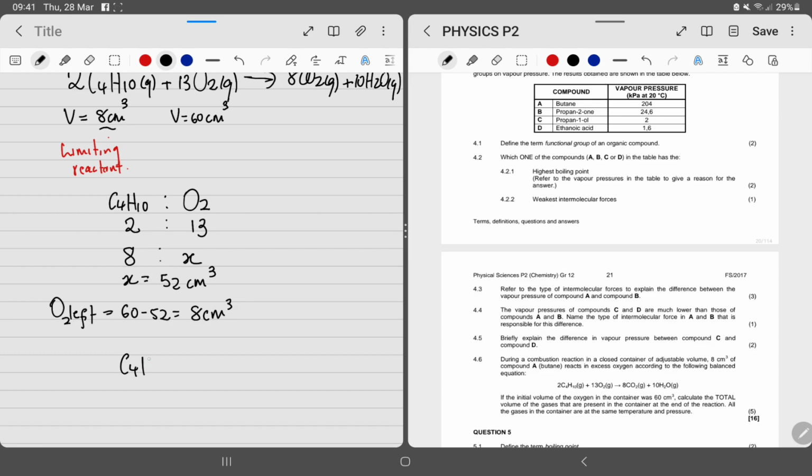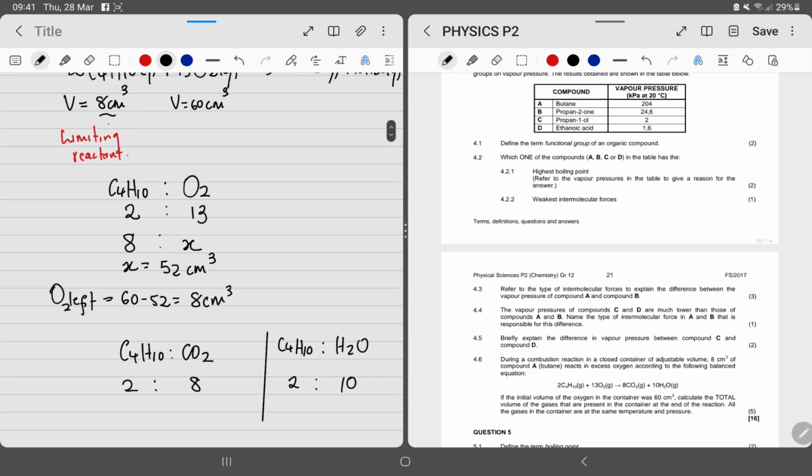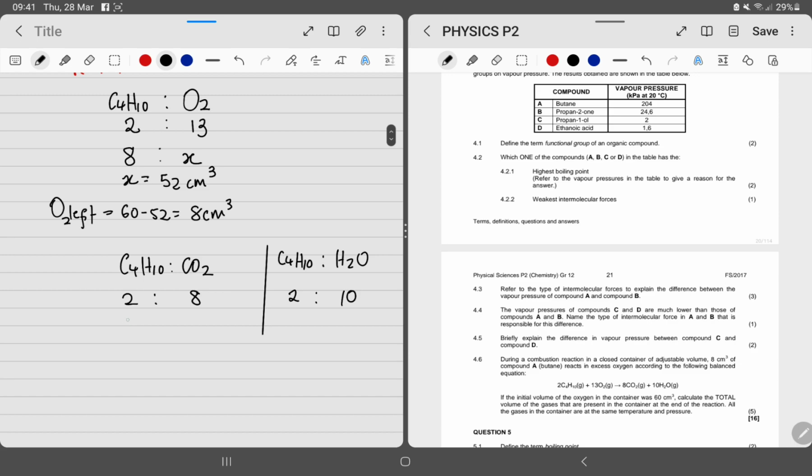So we have C4H10, then carbon dioxide, and then C4H10, and then I have water there. So this is 2, and that's 8. This is 2, and that's 10.